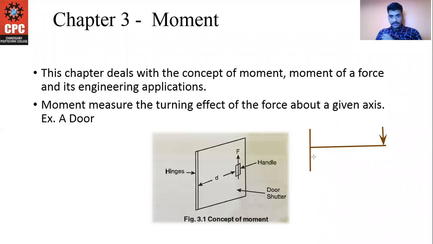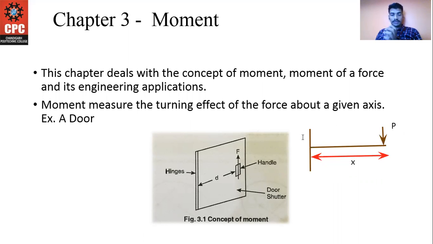This distance, let's take it as x, and this is our force P, let's take it as capital P. We have to calculate the moment about this axis, at this point.